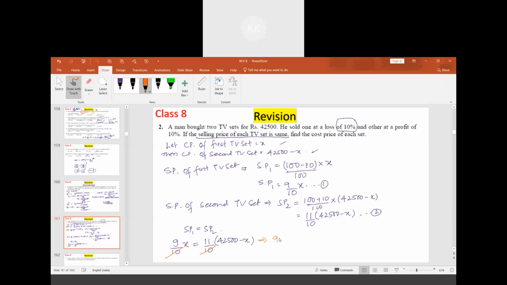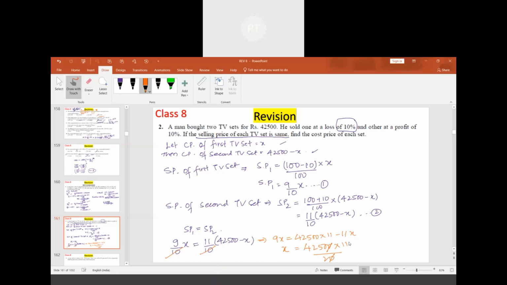If you multiply this, 9X becomes equal to 11 times 42,500 minus 11 times X. If I transpose, I can bring 11X to this side, and this 11 should be added to 9, giving 20X. So X becomes 42,500 into 11 by 20.